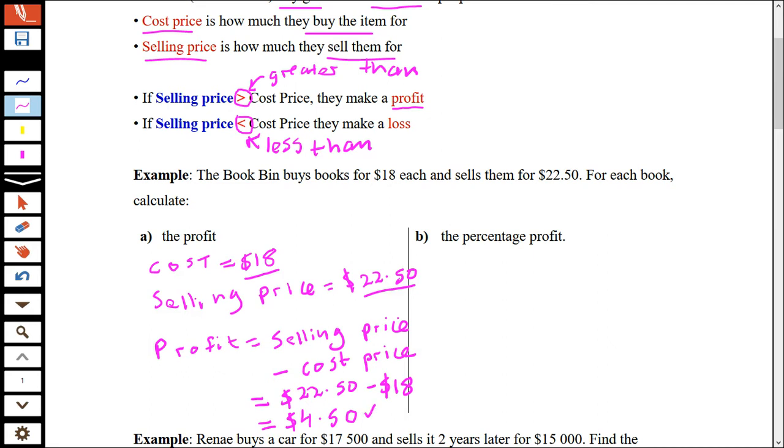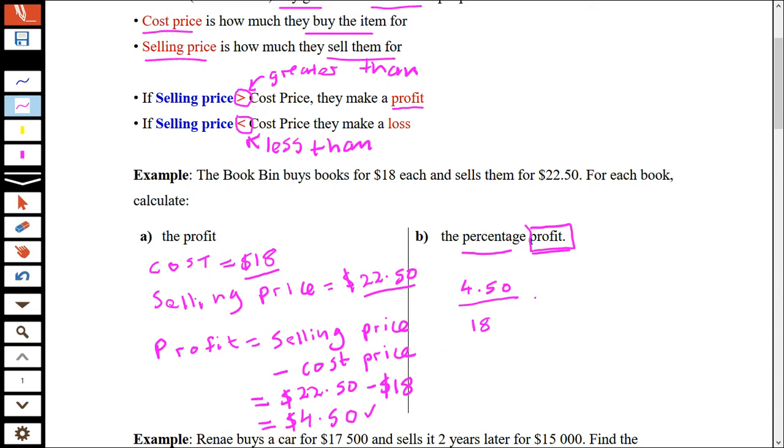Okay, now we've got to look at the percentage profit. Percentage profit. That means we're expressing our profit as a percentage of the original price. So our profit is $4.50. Cost price was $18.